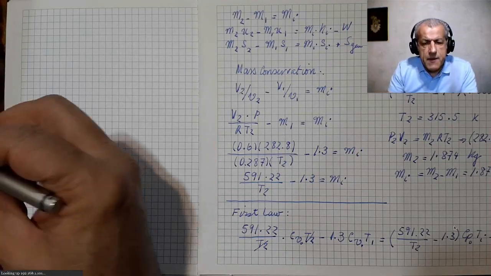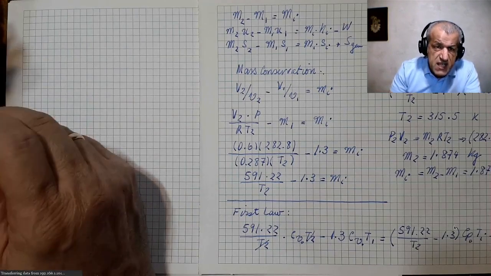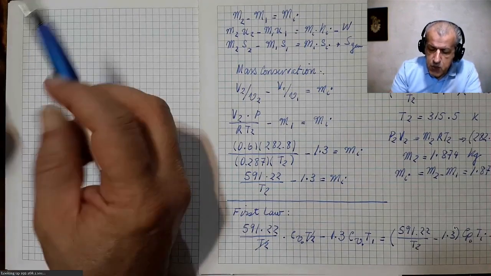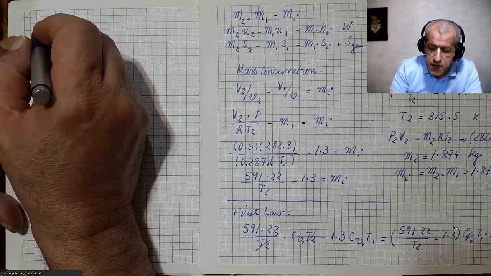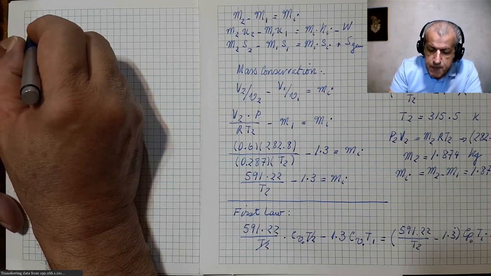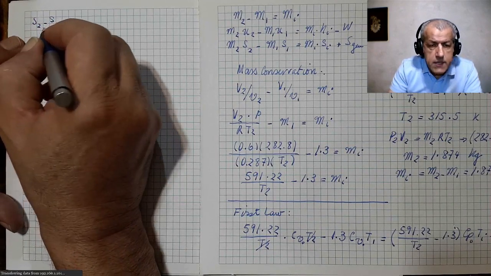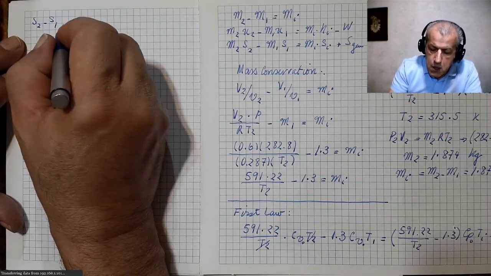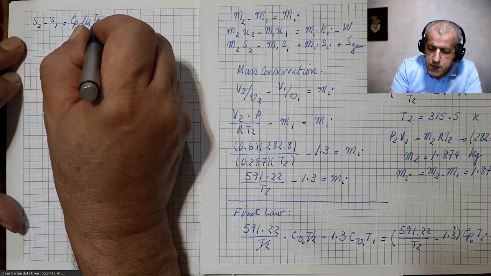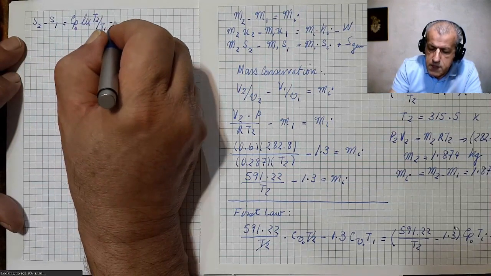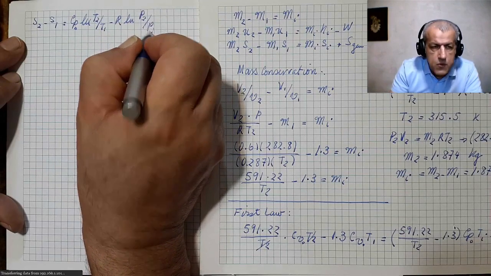The second law of thermodynamics tells us that we have three terms for entropy, and the equation we had to calculate the change of entropy between any two points, 2 and 1, was S2 minus S1 equals Cp0 ln T2 over T1 minus R ln P2 over P1.